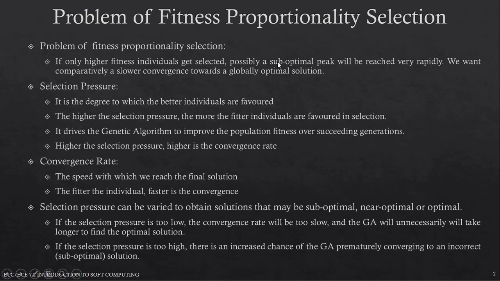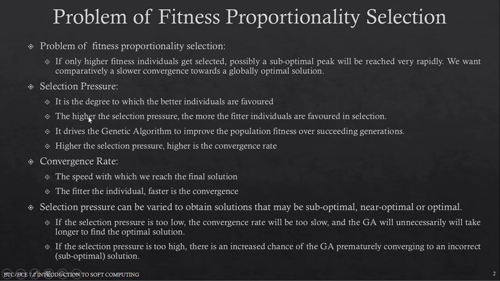At the outset, I would like to introduce you to a term called selection pressure. What is selection pressure? Selection pressure is the degree to which better individuals, fitter individuals, are favored.